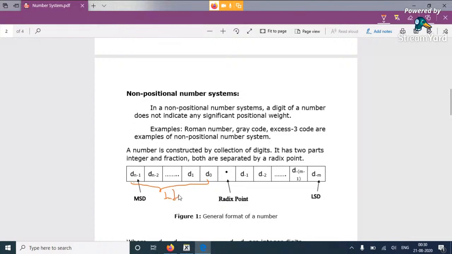On the right side of the radix point is called the fractional part.